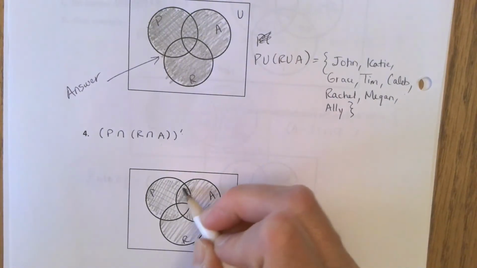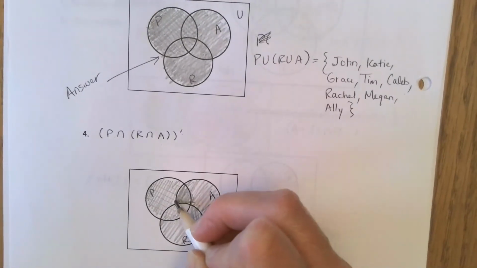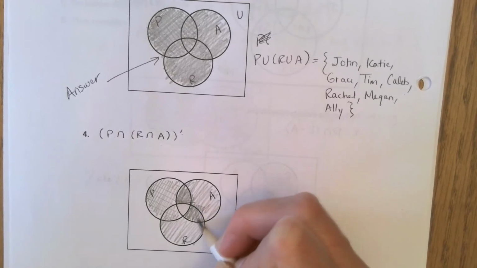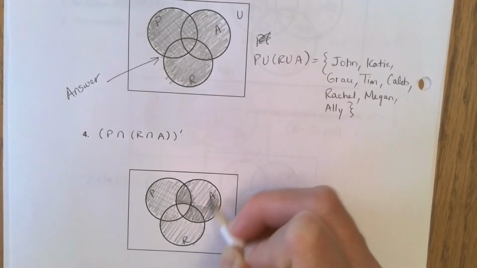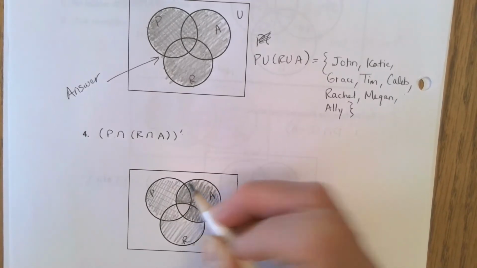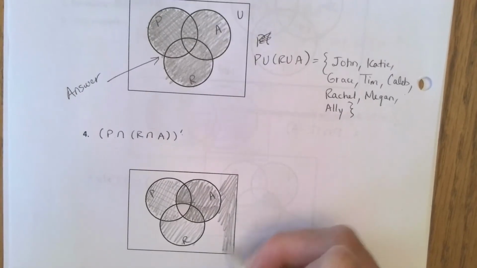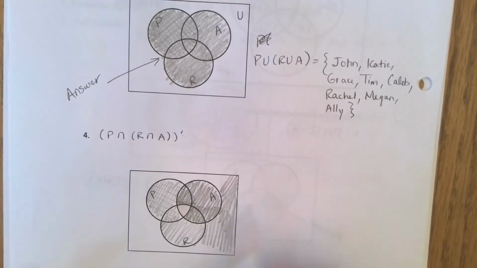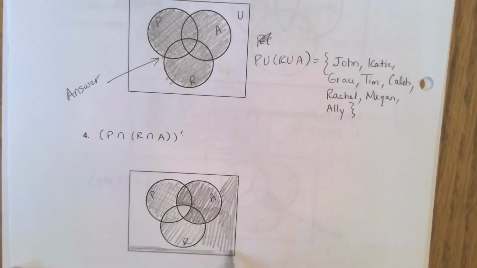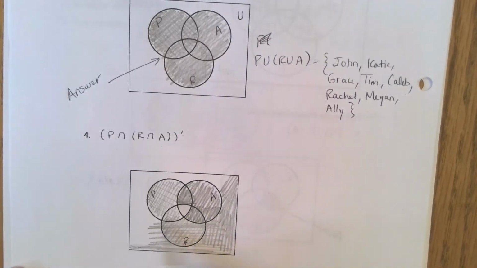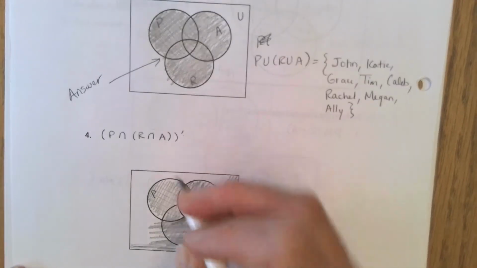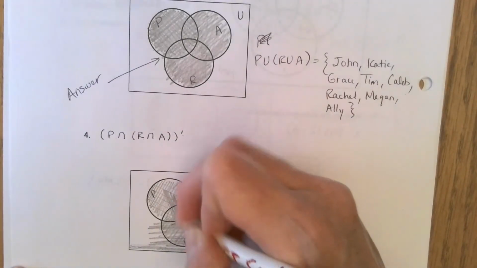However, I got to be careful because that not, remember that not means complement, and complement means everything that could include the universal set. So I got to go way out here. And I have to include everything out here as well. So pretty much, this means everything except for that little notch right there in the middle.